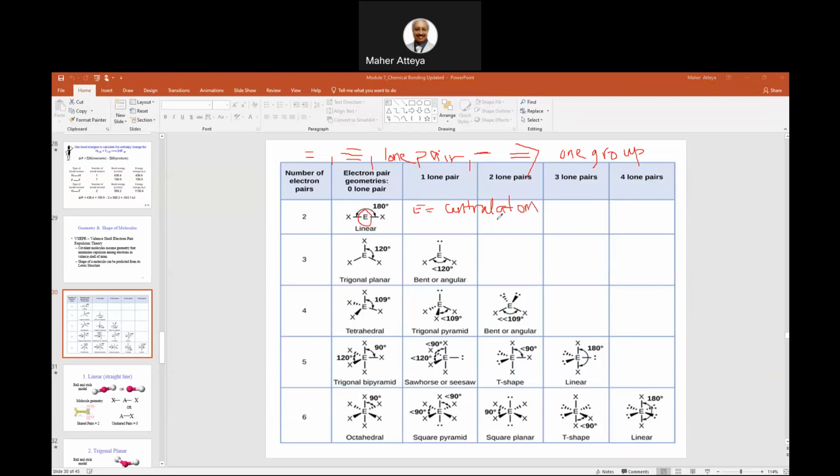And X is my terminal. So E is the central atom, and X is your terminal.